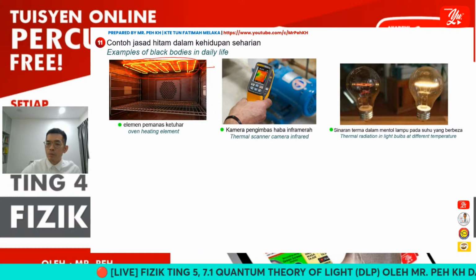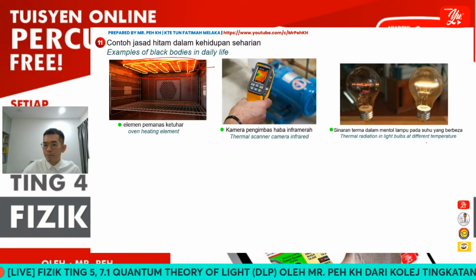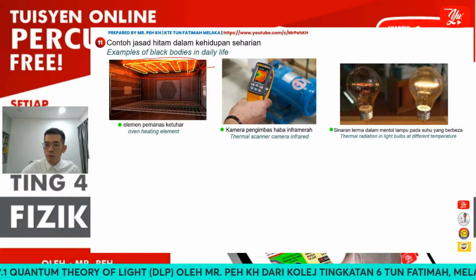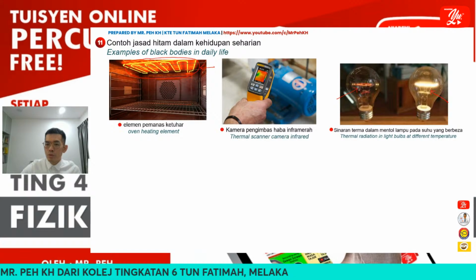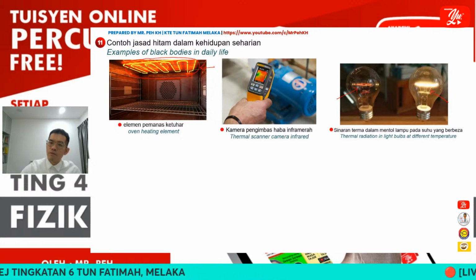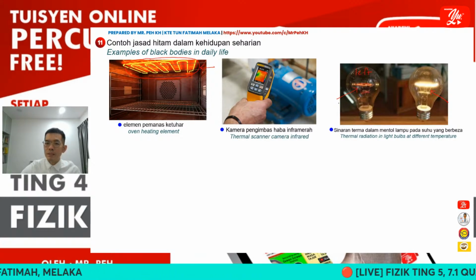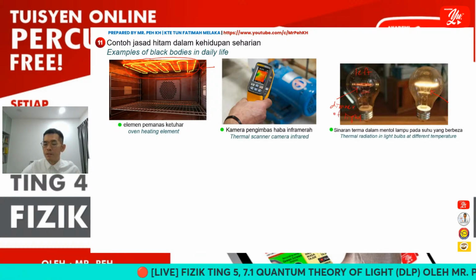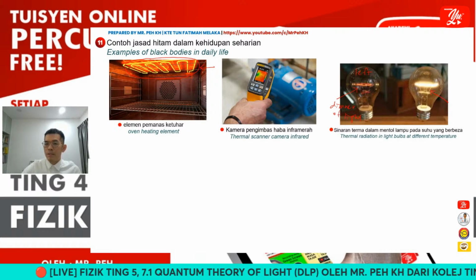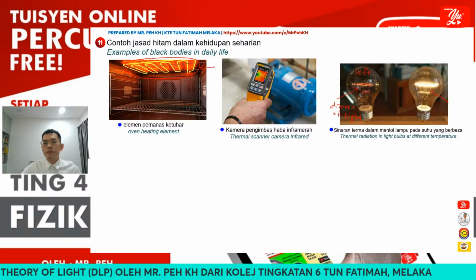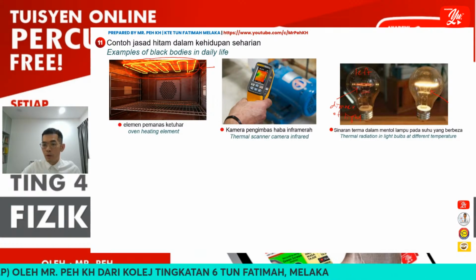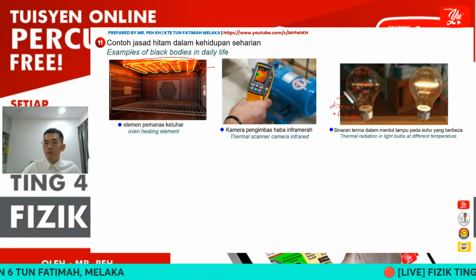Okay, so the last comparison here is the thermal radiation in light bulbs at different temperatures. You can compare the intensity of the light for these two bulbs. The left bulb gives dimmer light because the temperature of the bulb is lower, so it emits light of longer wavelength or lower frequency.